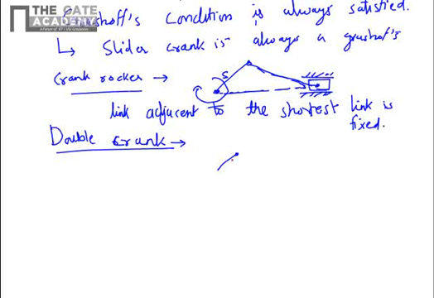So here you fix the shortest link to the ground. So you have this pivot point, and the longest link is now part of the mechanism. So you get a mechanism somewhat like this.